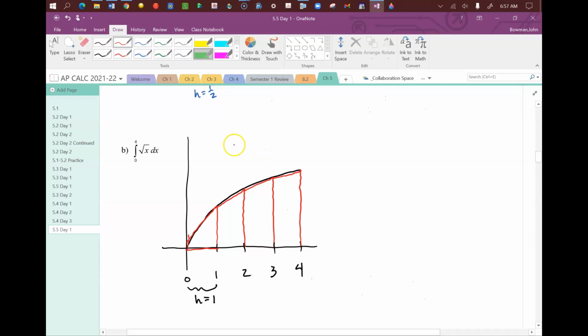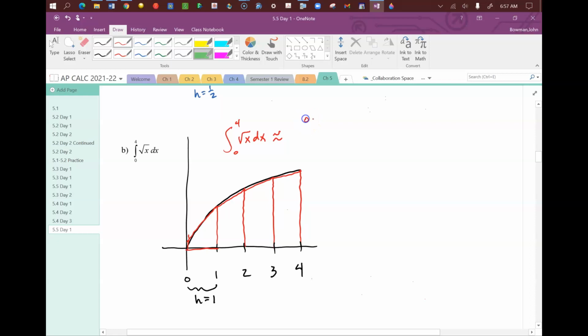So our integral from 0 to 4 of the square root of x dx is going to be estimated using the trapezoid rule by finding each of the bases. Those are the parallel sides, and the first one is technically a triangle, but the formula for the area of a trapezoid works for a triangle.